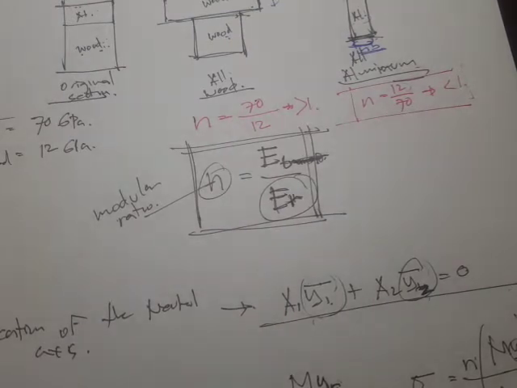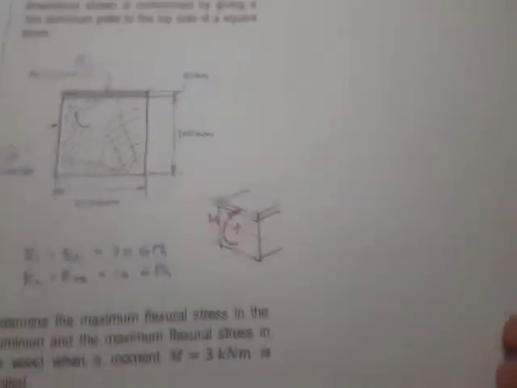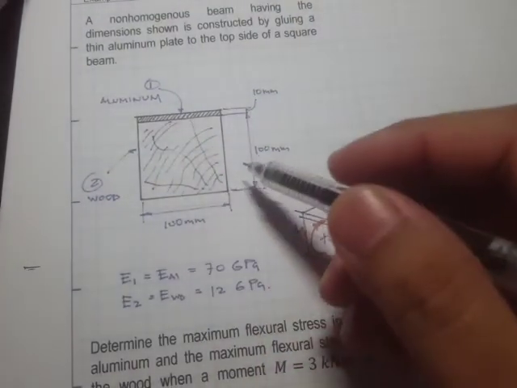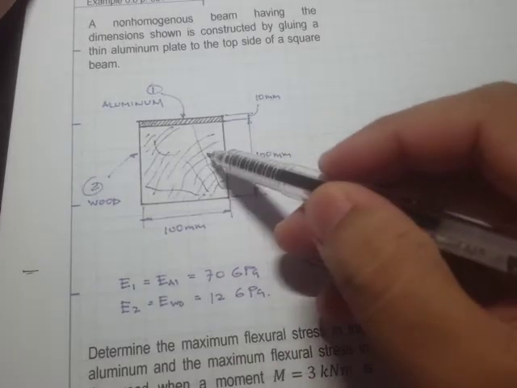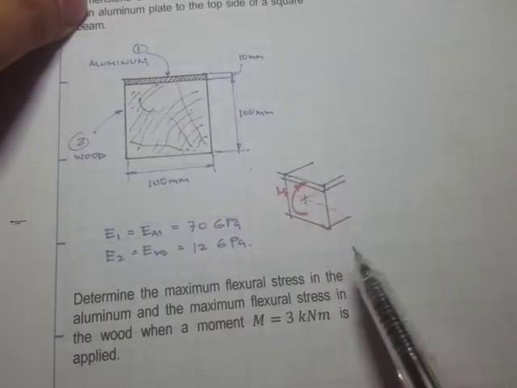Alright, so now let's do a sample problem regarding this transform section method. We are going to use the same problem that we solved last time, a problem of non-homogeneous beams. This is wood and this is aluminum, and we have the modulus of elasticity and the dimensions.